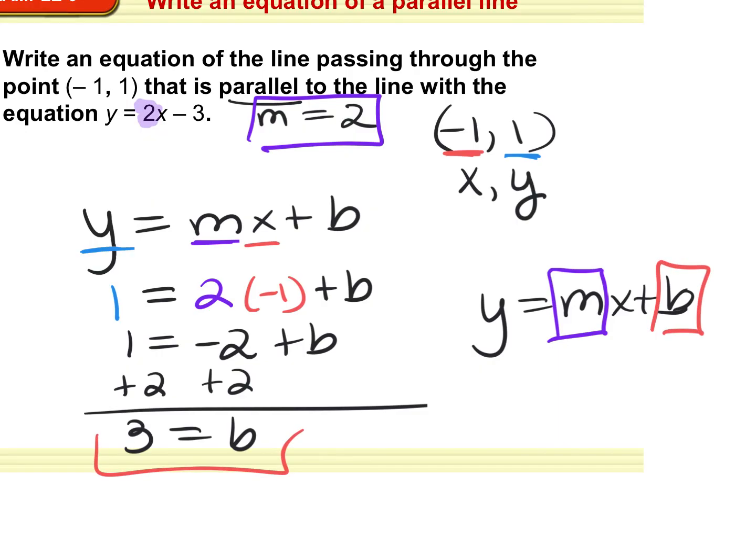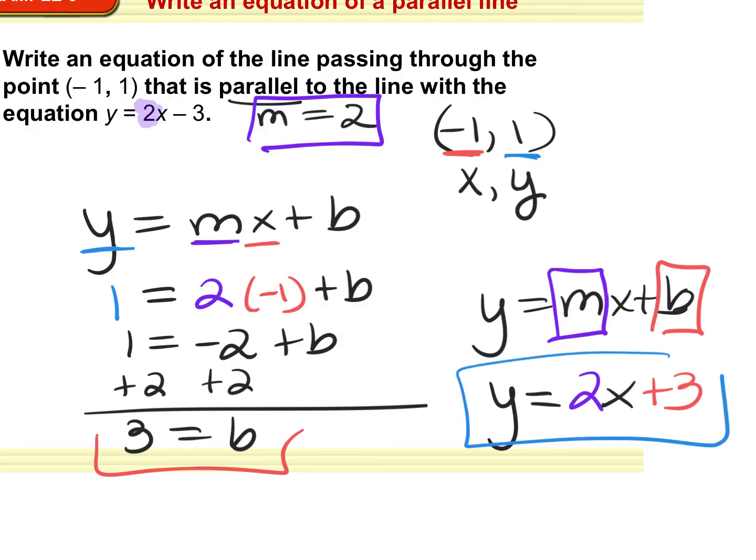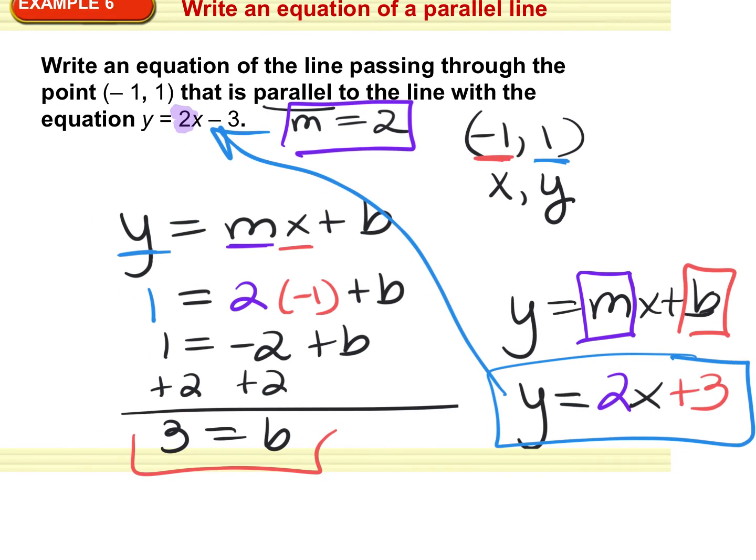So now the y and the x stay, but what comes out now is the m and the b. So y equals 2x plus 3. And this would be your equation that is parallel to this one going through this ordered pair.